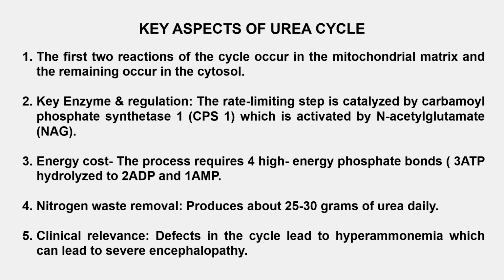So, nitrogen waste. The urea cycle generally produces around 20 to 25 grams of urea daily, which is excreted out. And the clinical relevance, which is of utmost importance here, is if somehow this urea cycle goes defective, it will lead to hyperammonemia.